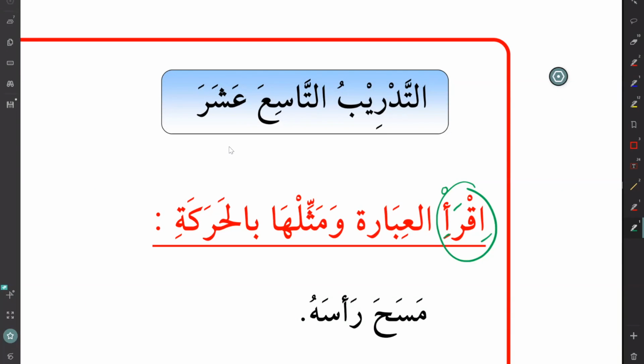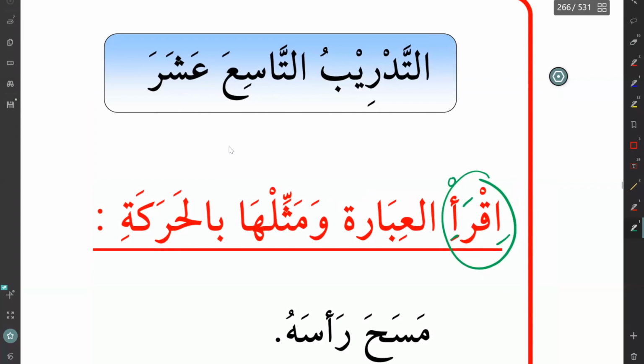Because the problem with this book, especially this print, is there are so many typos. You cannot assume they're right, because most of the time, especially with the haraka, they make a lot of typos. But this is not a typo. When you have a sukun and after that we have hamzatul wasl or alif lam.